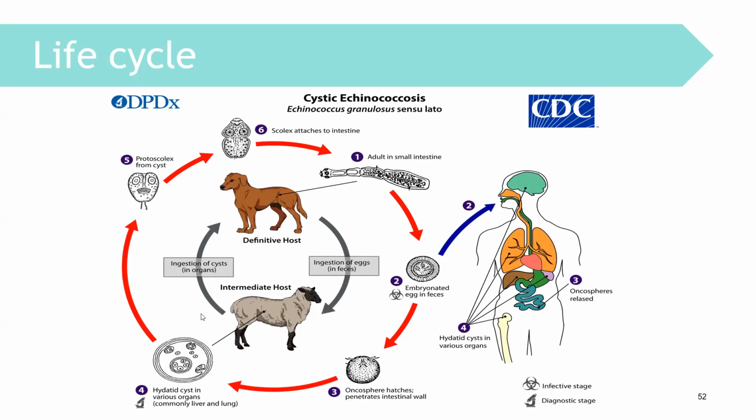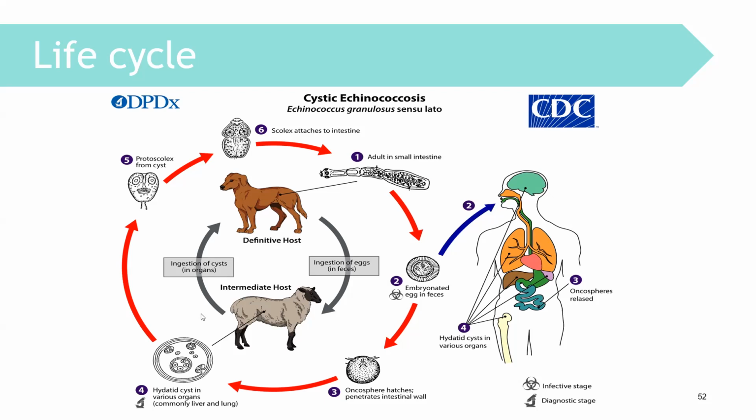Take note, guys, that dogs serve as the definitive host and sheep is considered as the intermediate host. Remember, guys, that this one, Echinococcus granulosus, is considered as the dog tapeworm.